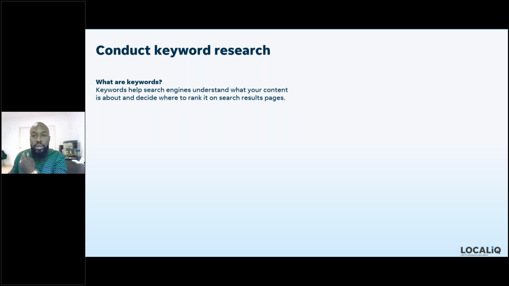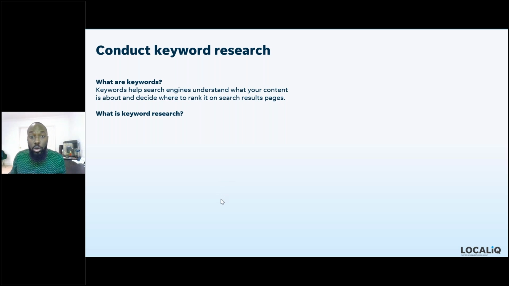Now, keywords are the words or the phrases that people type into search engines like Google to find what they're looking for. And when it comes to SEO, keywords help search engines understand what your content is about and decide where to rank it on the search engine result pages.